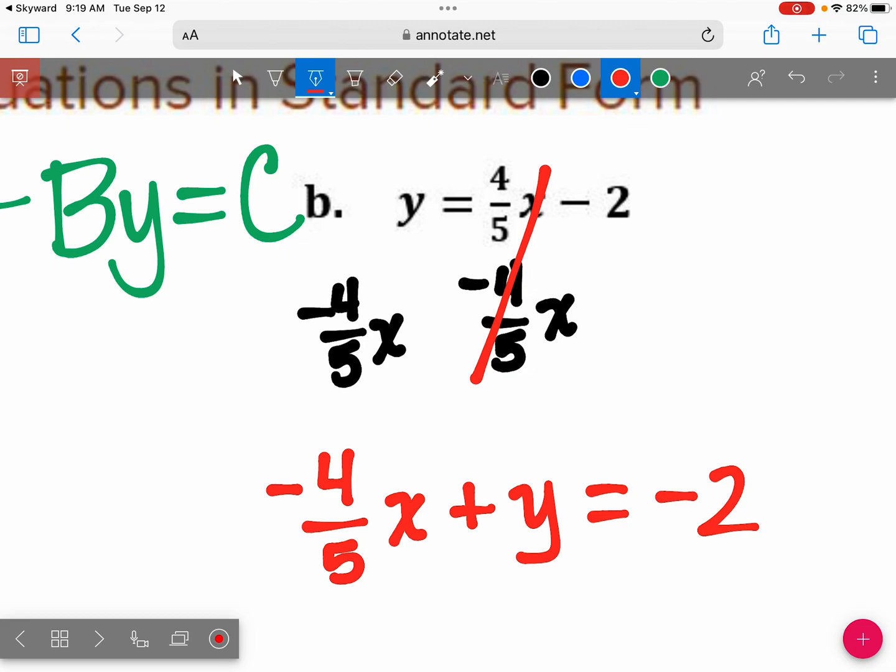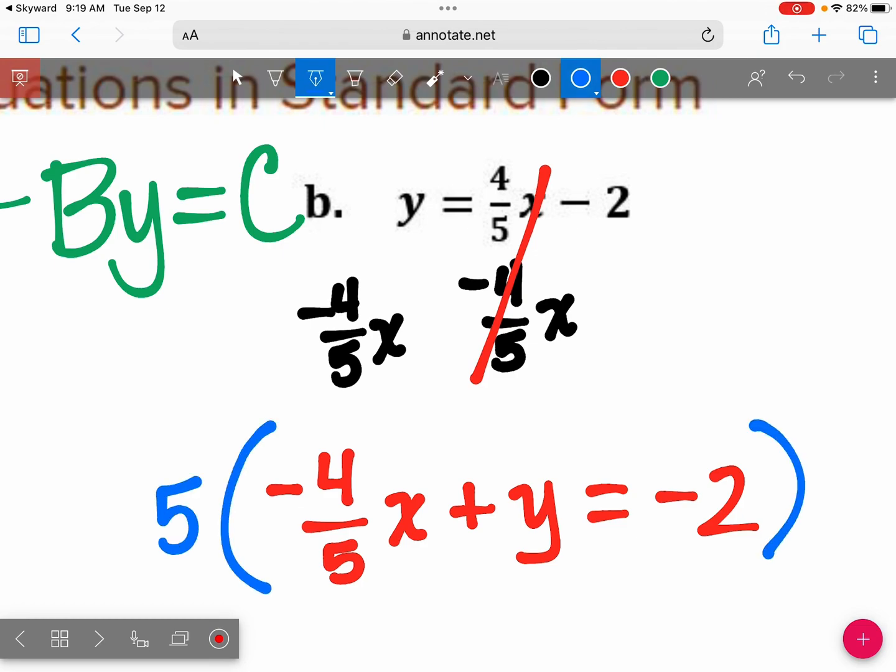Now we have to clear out the fraction because we cannot leave a fraction in standard form. So to do that, we're multiplying everything by my denominator. And what's my denominator? What's the number in the bottom? 5. So I have to multiply everything by 5.